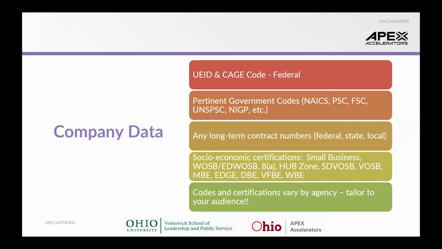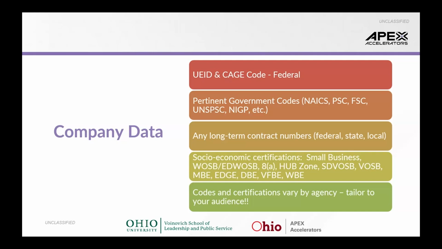Here's where you put your socioeconomic certifications. Whether you're a small business in the federal government, WOSB or EDWOSB, or if you've got the WBENC WBE certification, you'll put it there. 8(a), HUBZone, SDVOSB, all the ones that apply, depending on the entity you're speaking with, put the certifications that apply.